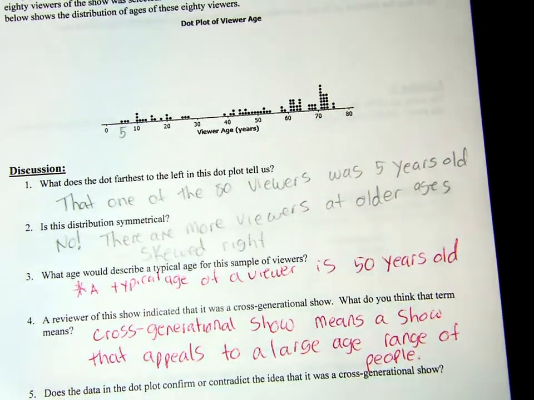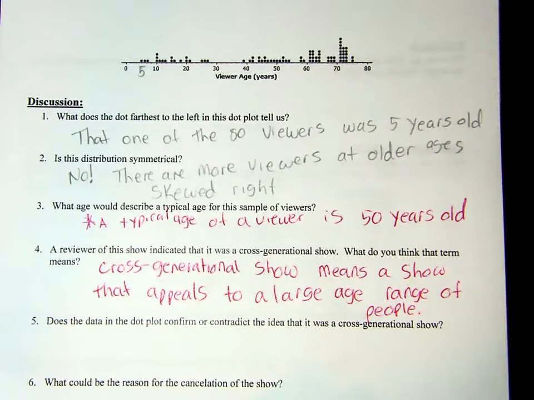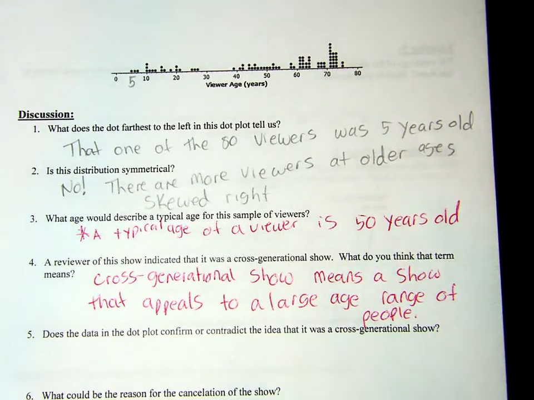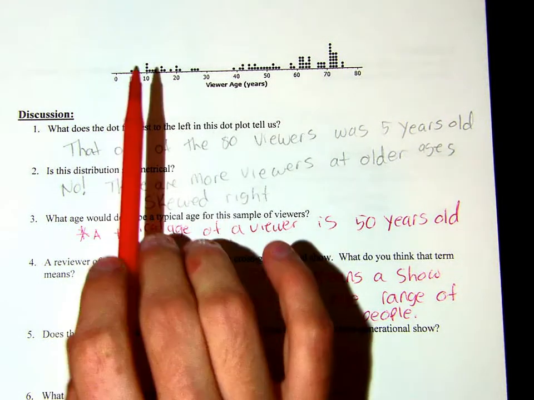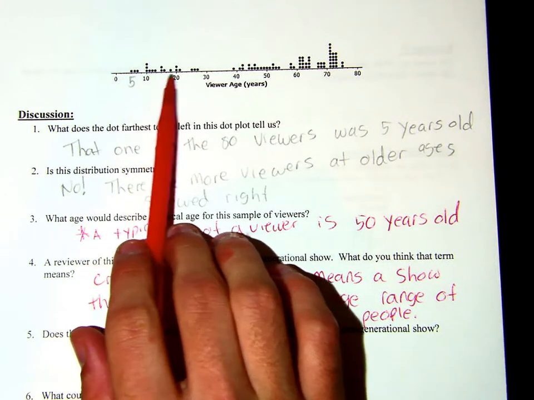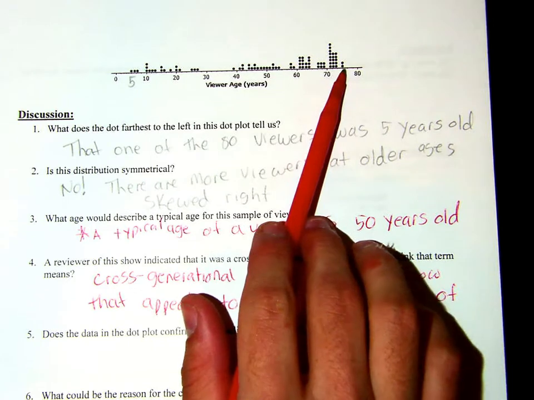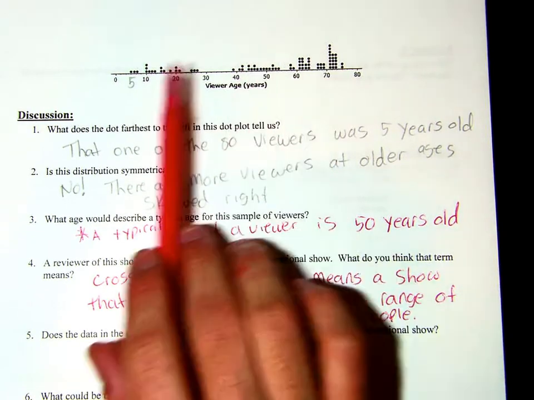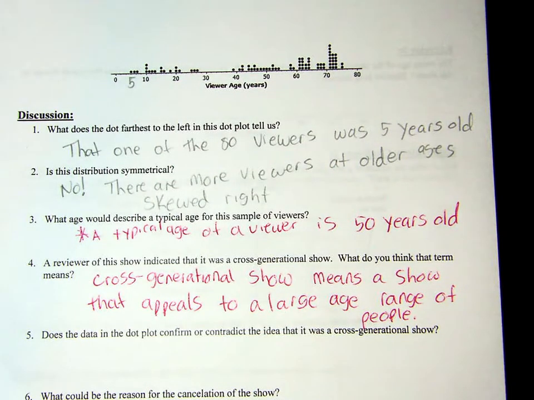Okay? So, with that in mind, they want to know, does the data set in the dot plot confirm or contradict the idea that it was a cross-generational show? Well, if it appeals to a large age group, we know that there's 5-year-olds that watch it, 6-year-olds, 7-year-olds, 10-year-olds, all the way up until probably 75-ish. So it does kind of confirm that it is a cross-generational show.